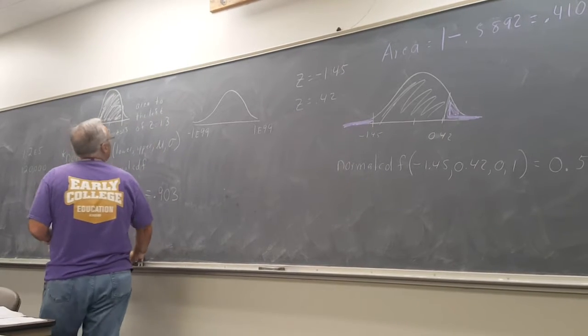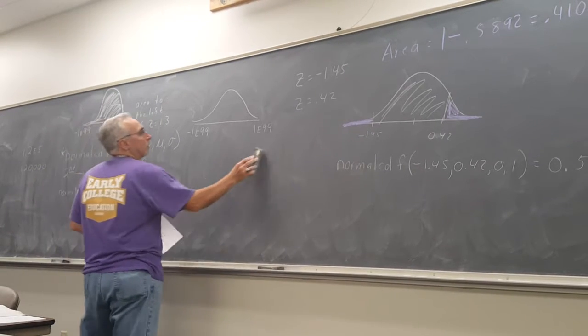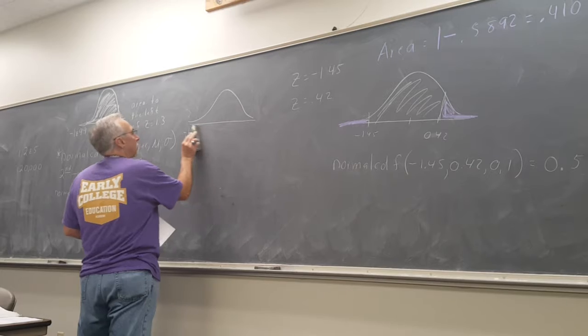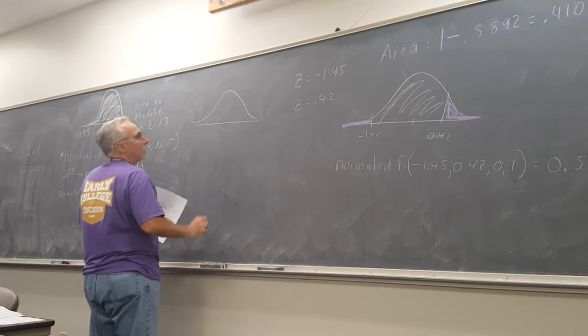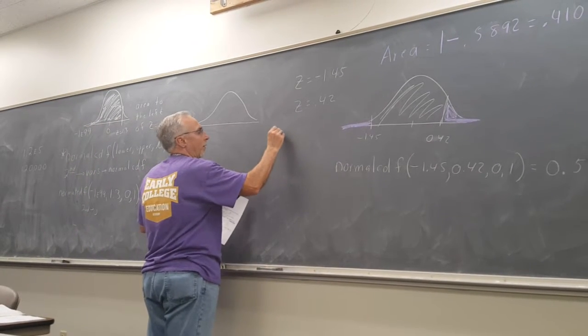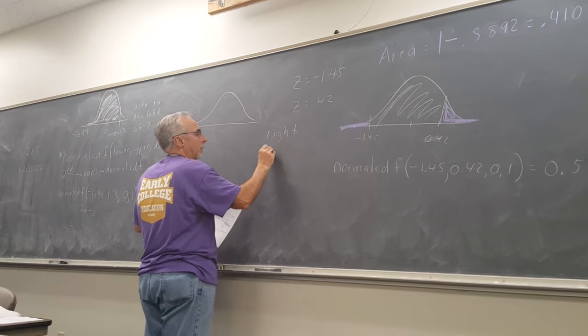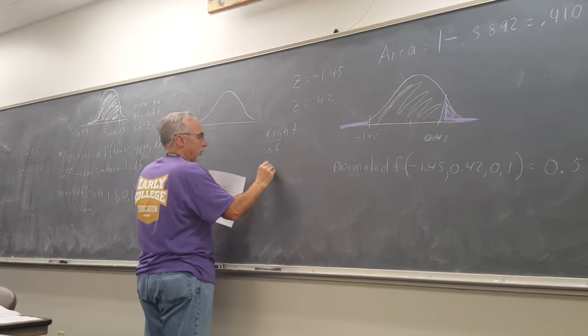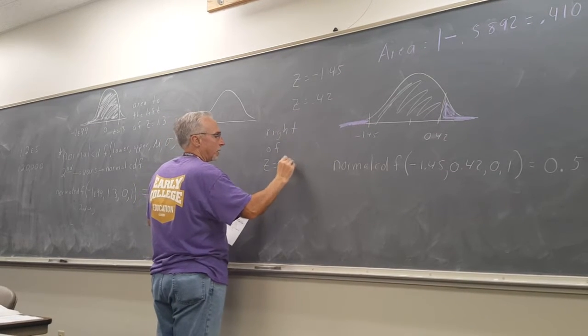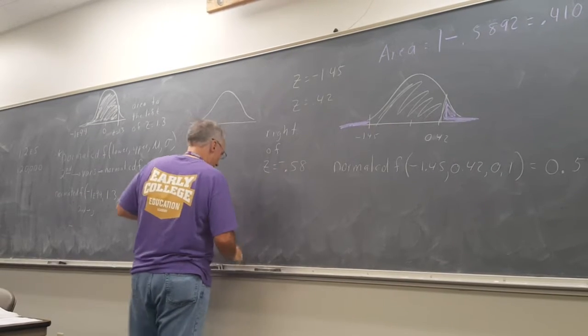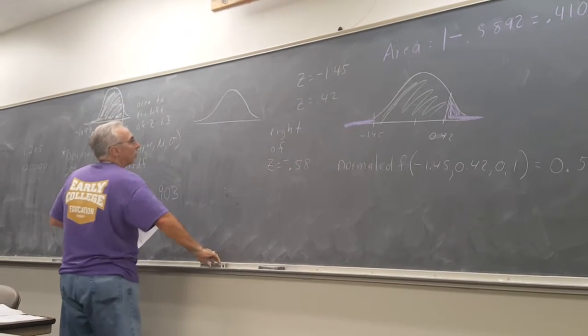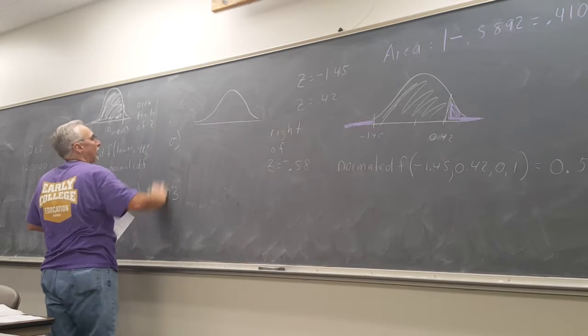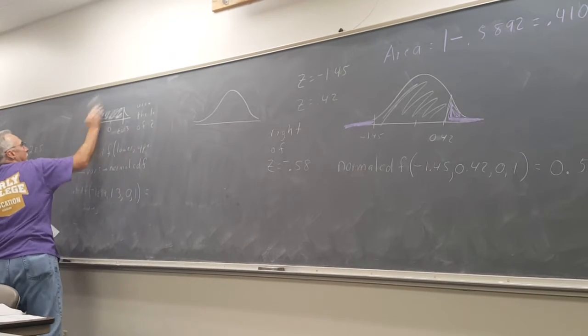It says find the area to the right of z equals negative 0.58. And again, I recommend you draw a picture, draw a graph, a little standard normal curve.